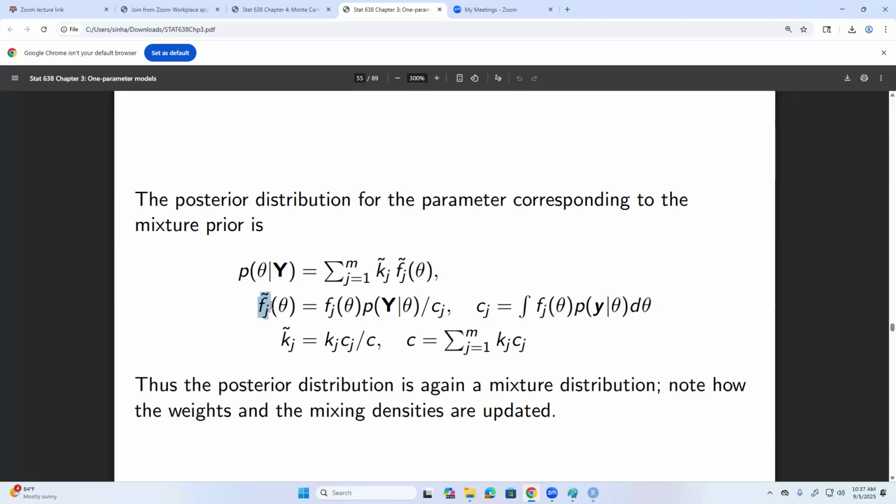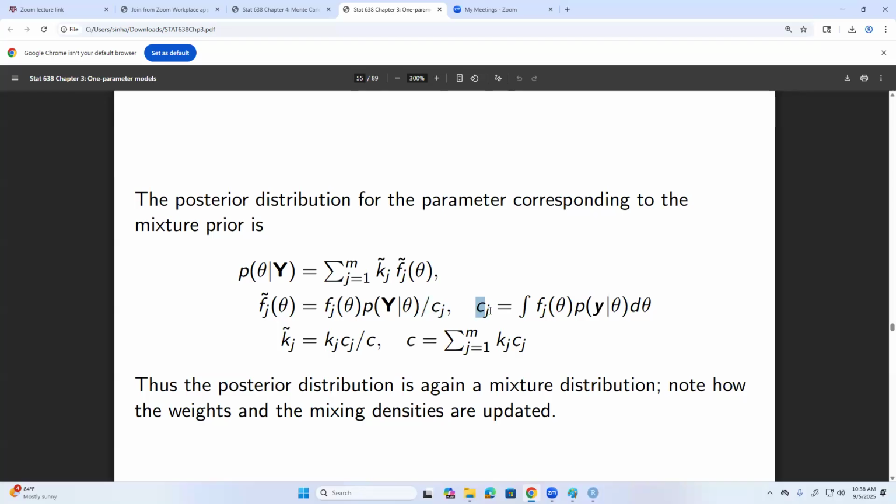I call this mixing density f tilde j, which is fj theta times the likelihood, the jth component of the mixture prior times the likelihood, divided by a constant Cj.